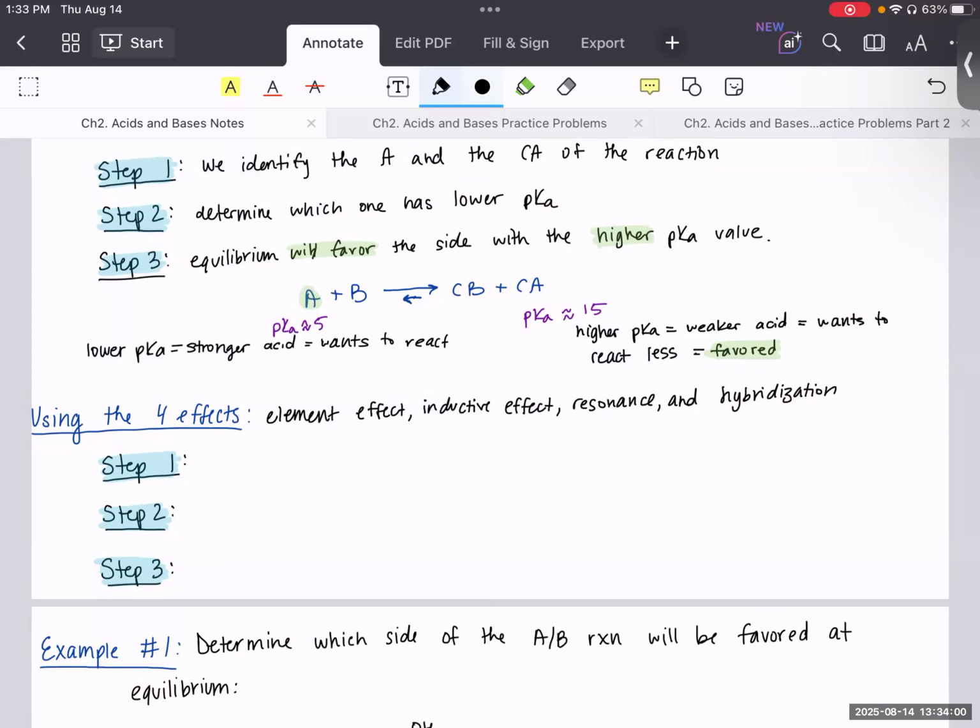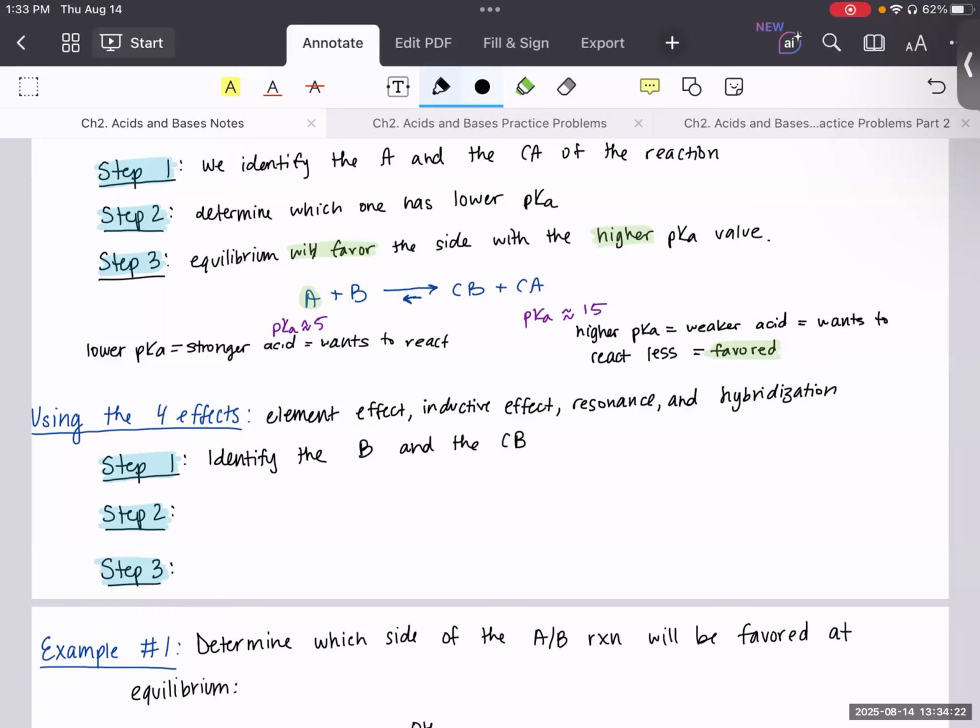And so for this, we're going to identify the bases instead, because remember, these effects give us insight into how stable the bases are. And so instead of identifying the acid and the conjugate acid, we identify the base and the conjugate base.